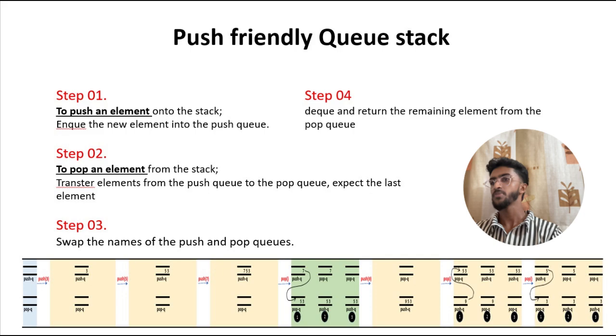At the third step, we swap the names of the push and pop queues. At the fourth step, Dequeue and return the remaining element from the pop queue. So guys, as you can see, I clearly show the steps using a diagram, so I think you can have a better idea about that.